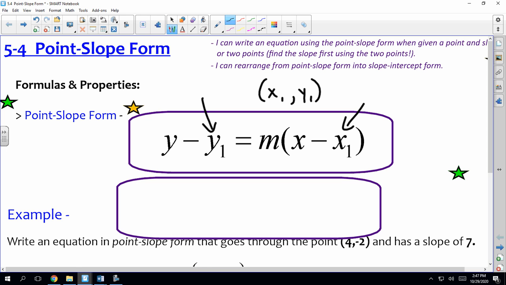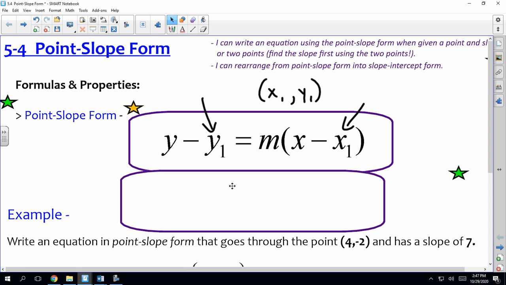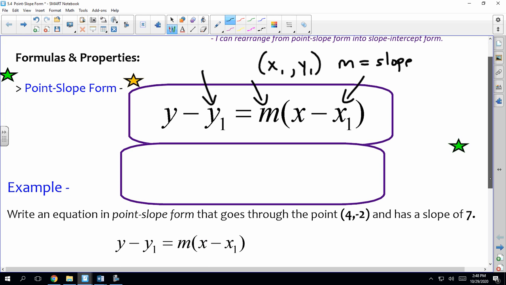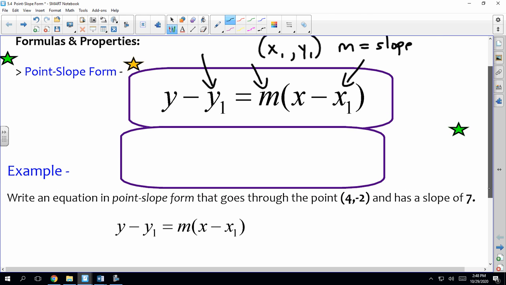Some coordinate, it might be a point. We're going to look at an example down below here. And then m is the slope. And that's all we need. We're going to plug in something for y1, something for m, and something for x sub 1, and then we can leave it there sometimes unless we're asked to change it back to slope-intercept.